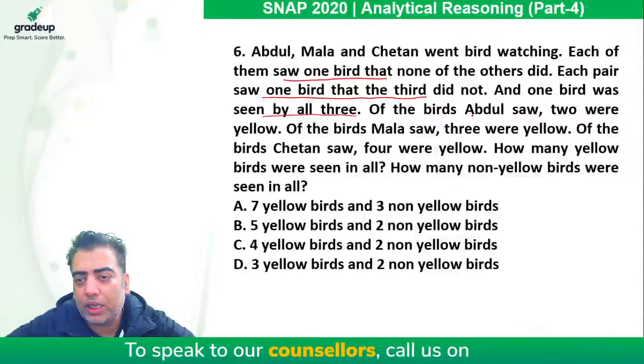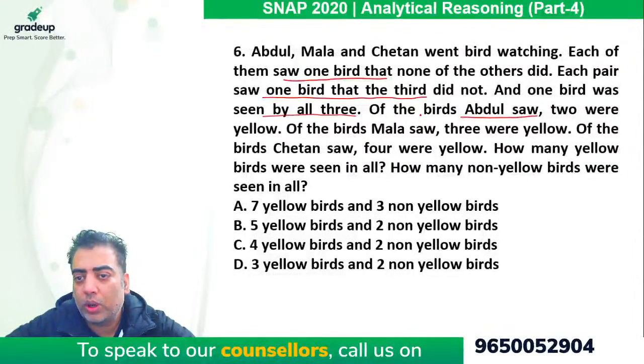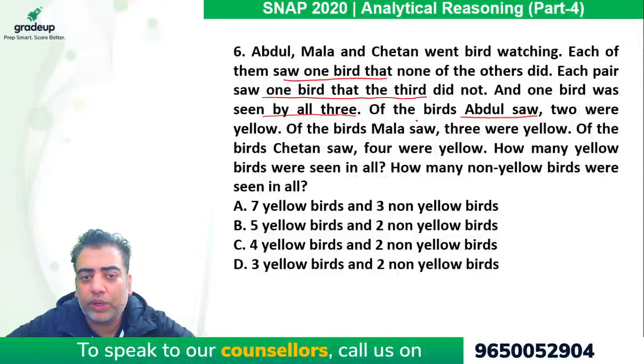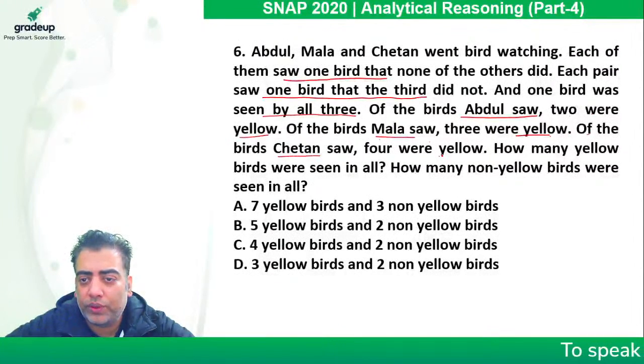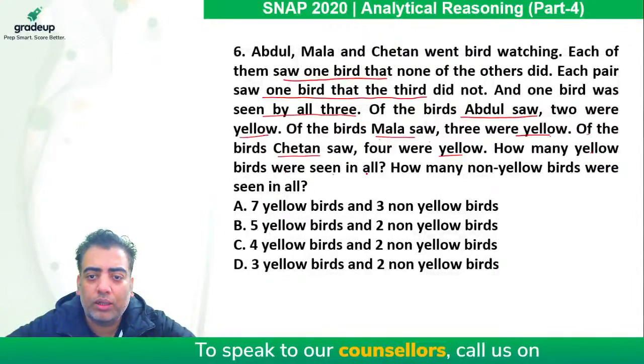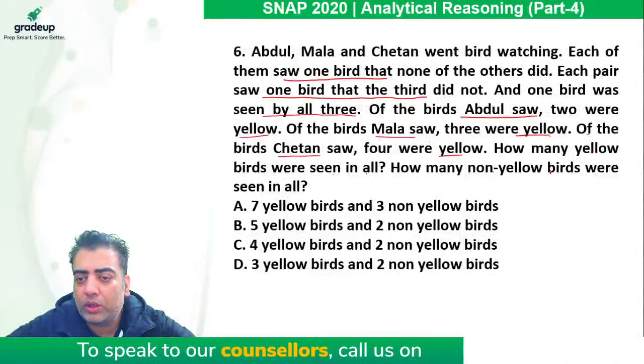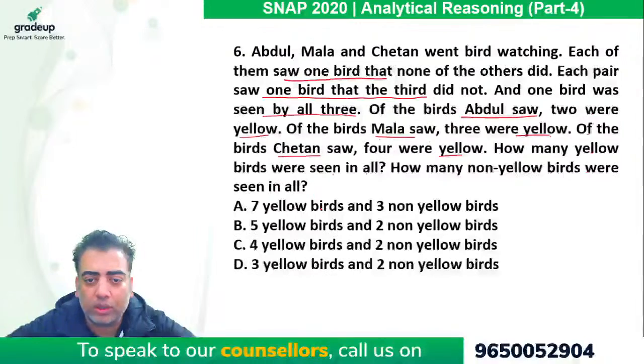Of the birds Abdul saw, two were yellow. Of the birds Mala saw, 3 were yellow. Of the birds Chetan saw, 4 were yellow. How many yellow birds were seen in all? How many non-yellow birds were seen in all? So both the questions are to be answered here.